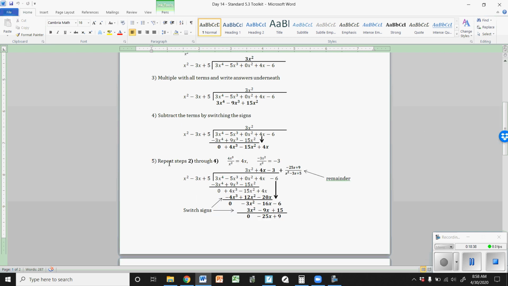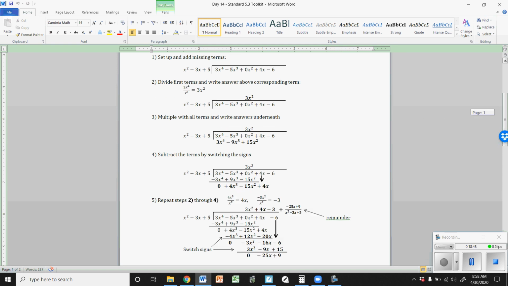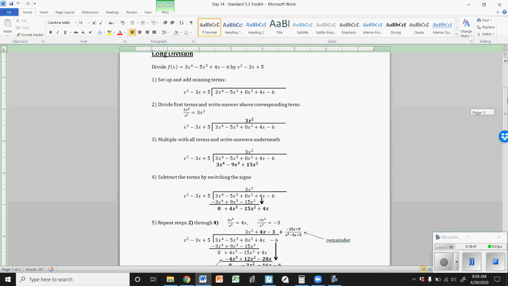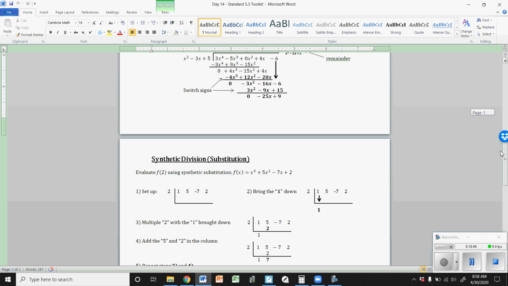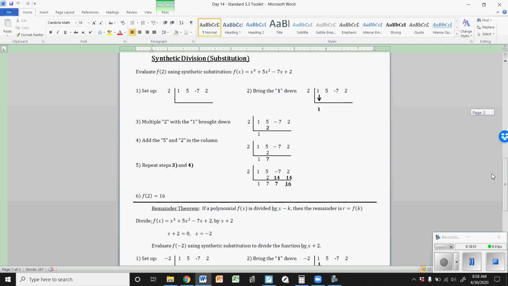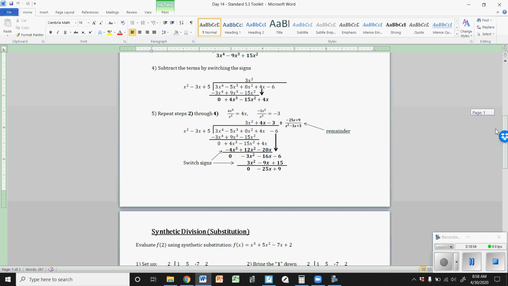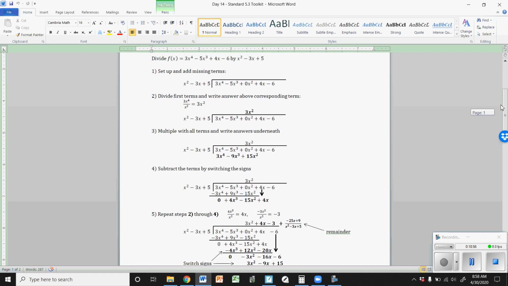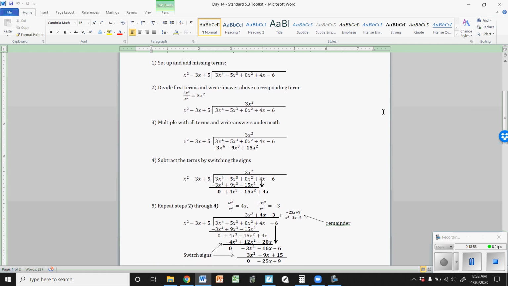When you get down to here, it just says repeat steps 2 through 4, so we just keep repeating those things. So that's something that is available to you, and then we'll also be looking at synthetic division next, and that's another way of dividing. Some people find it a little easier.